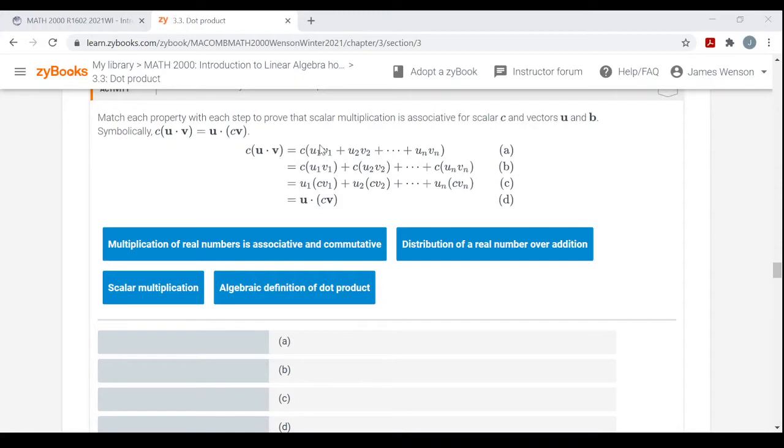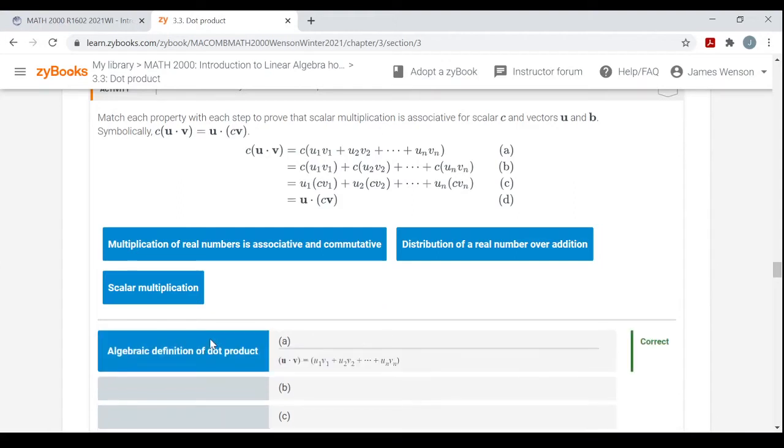This is just how the dot product is defined. All right, so the first line there is the algebraic definition of the dot product, so I put that in part A there. And then the next thing, I got this scalar c times this big sum, and then it gets distributed, right? Now the c is on every single term. That's just the distributive property of real numbers over addition. And I'll let you fill in the last two.